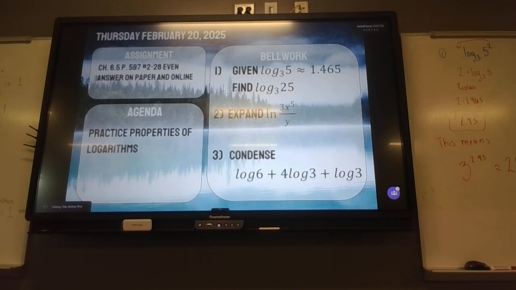So there's 2 problems in this section that left you with a 1 and they didn't give a decimal for it. That's because it's implied when the argument is 1, that the log is 0. Please write this down. Keith, Annalise, you're going to want to know that. It's not written anywhere. It's not said anywhere. So if you don't get it now, I don't know when you're going to get it.